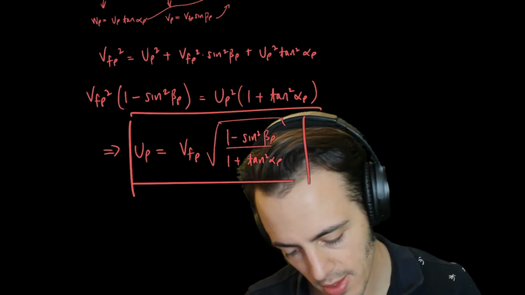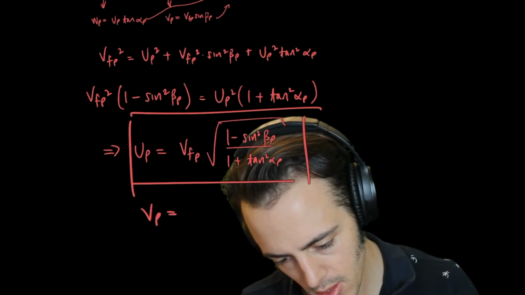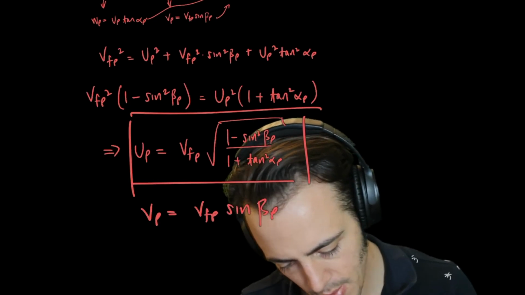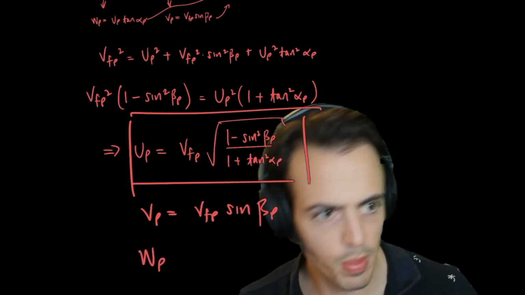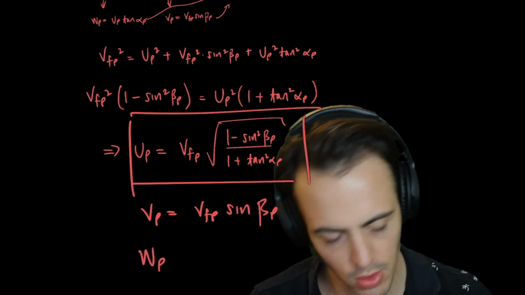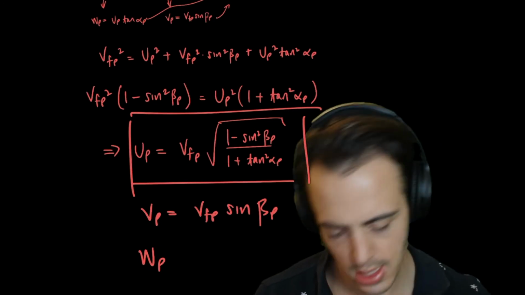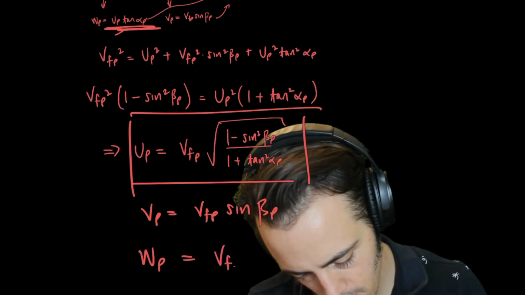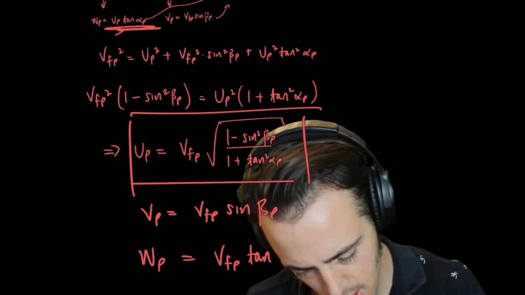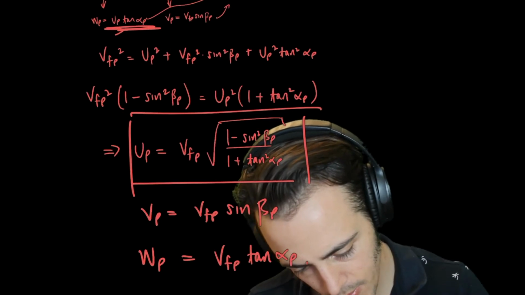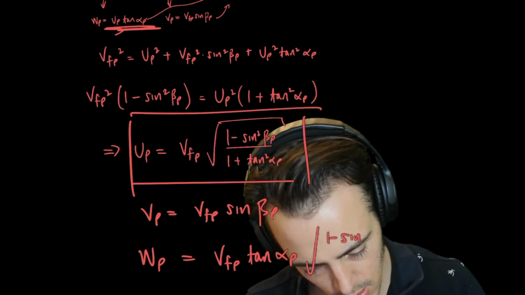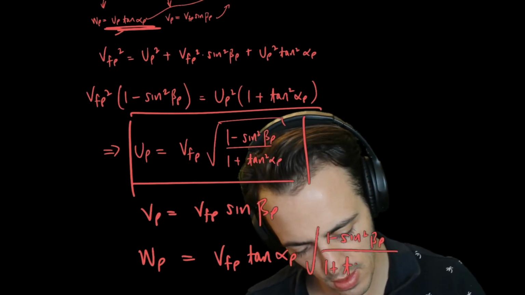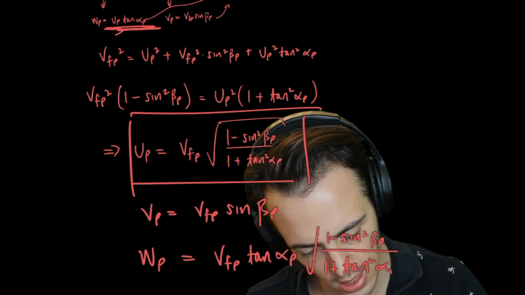Well, VP we have already, so we have VP is equal to VFP sine beta P, and then WP is just going to be equal to the expression that we had previously multiplied by tan alpha P, so we've got VFP tan alpha P times the square root of 1 minus sine squared beta P divided by 1 plus tangent squared alpha P.